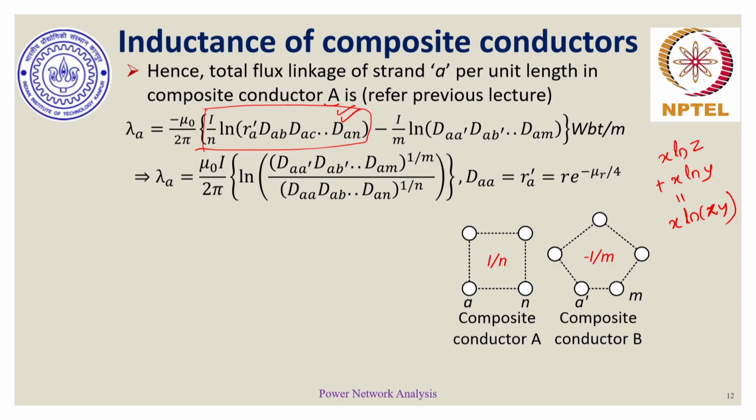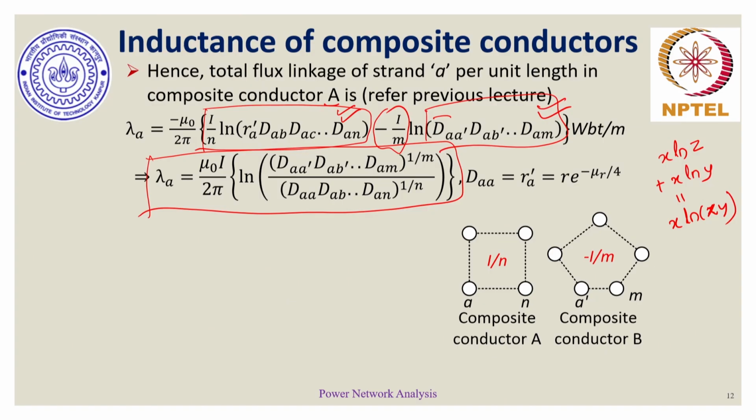Similarly, the other conductor, composite conductor B, has strands which are carrying currents minus I by M, and the corresponding D distances that you see are the pairwise distances between individual strands. So we have the second term because of composite conductor B. If we now rearrange this a bit, this is the net flux linkage of conductor A with respect to a point P which is at infinity because of all individual strands.